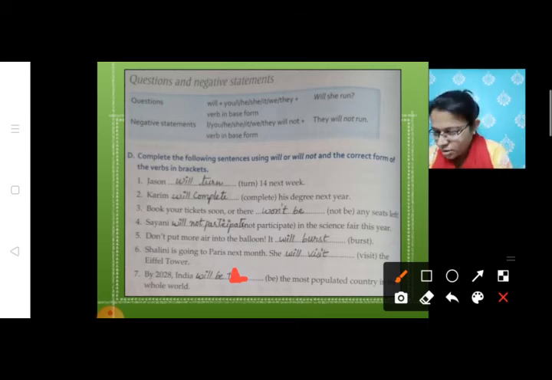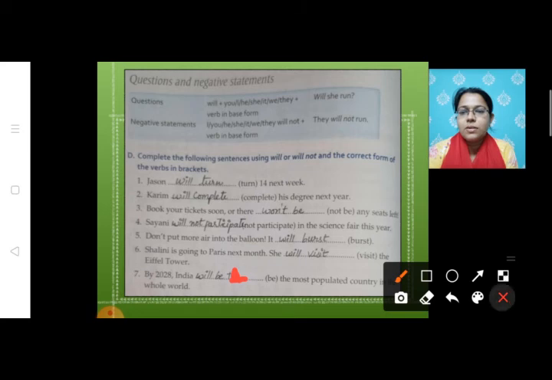You will write: by 2028 India will be the most populated country in the world. So in the blank you just have to write will be. Now I hope that you understood this exercise, and so please complete this exercise in your textbook. Now let's move on towards the next exercise.